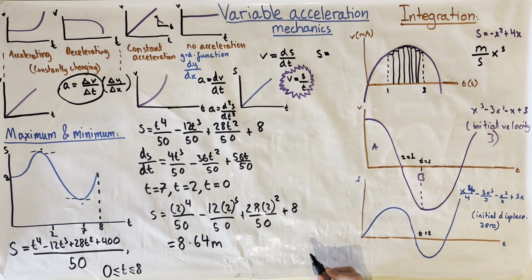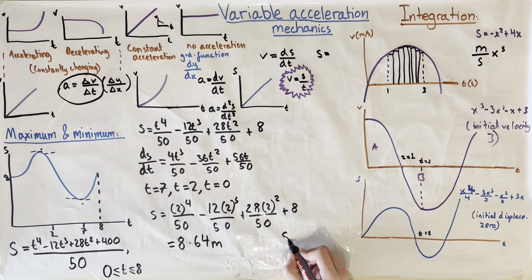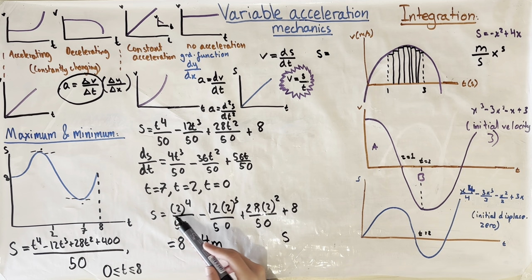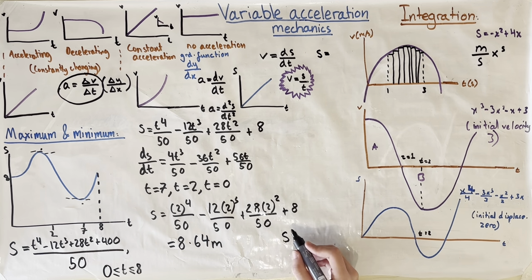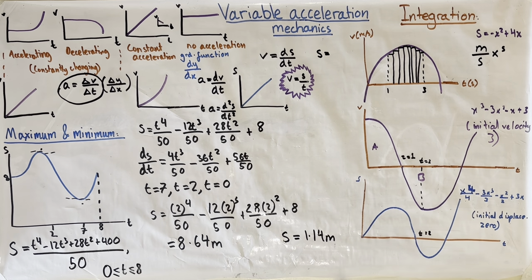Okay, and we can just repeat this process for our value of 7 seconds, where we substitute 7 instead of 2, and that will give us a value of 1.14 meters.